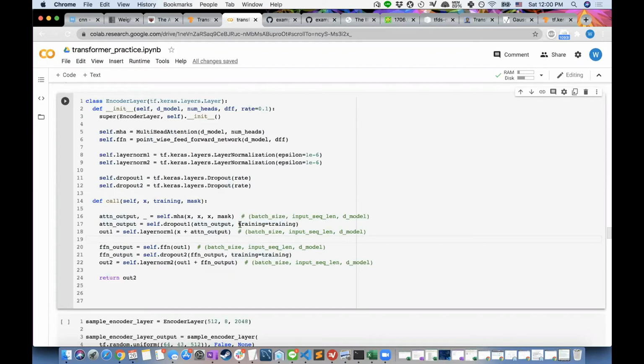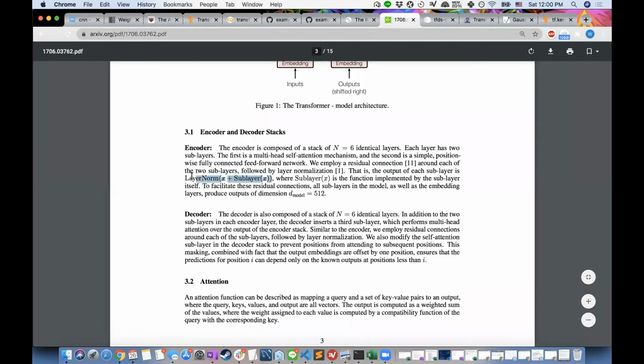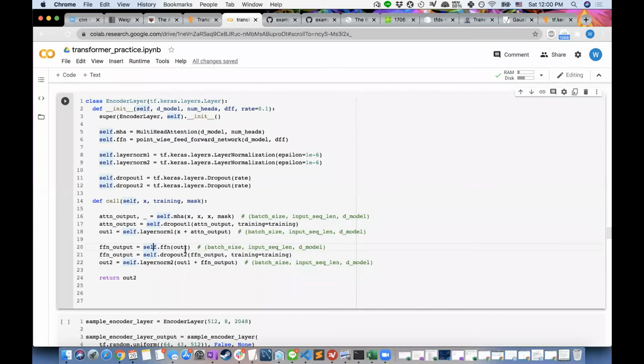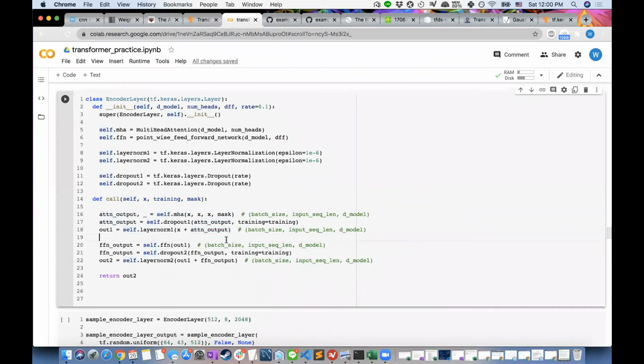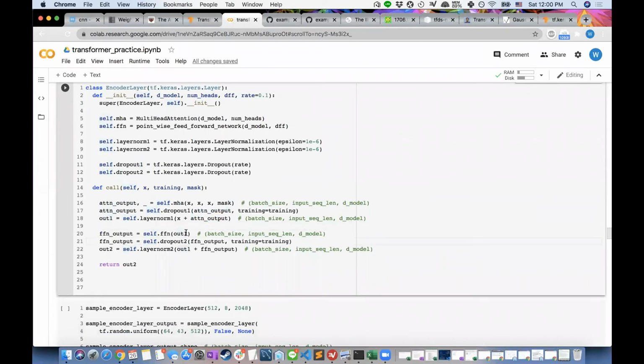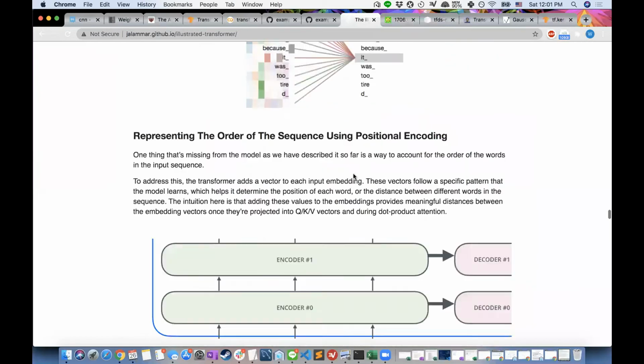If you're just testing, then of course you don't need dropouts. Outputs 1 equals self.layernorm, and again this is exactly what we were talking about: layer norm of x plus your attention outputs. You get output 1, and you pass that into the feed-forward neural network right here.